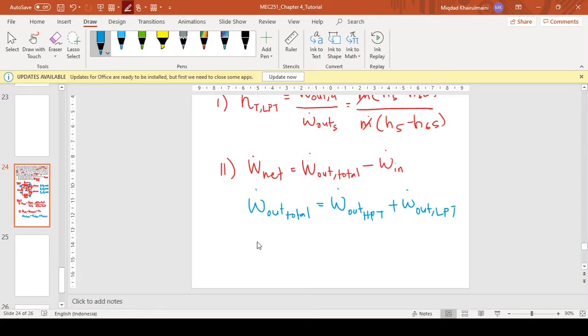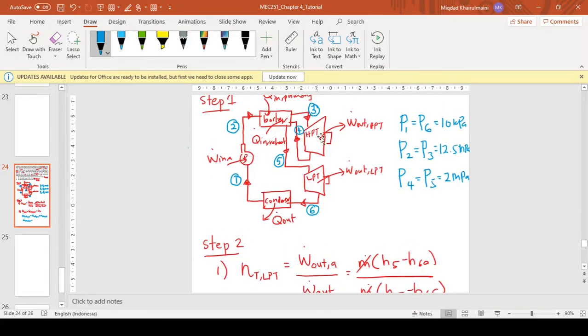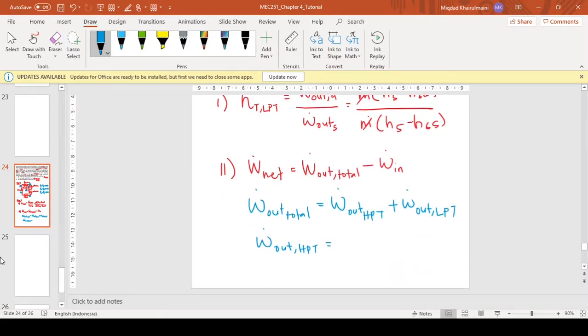We can write for the work out at the high pressure turbine. When we refer to the schematic diagram, for the high pressure turbine, it's in between state 3 and state 4. For the low pressure turbine, it's state 5 and state 6. So we can write the equation. For the high pressure turbine, it is m dot (h3 minus h4a).